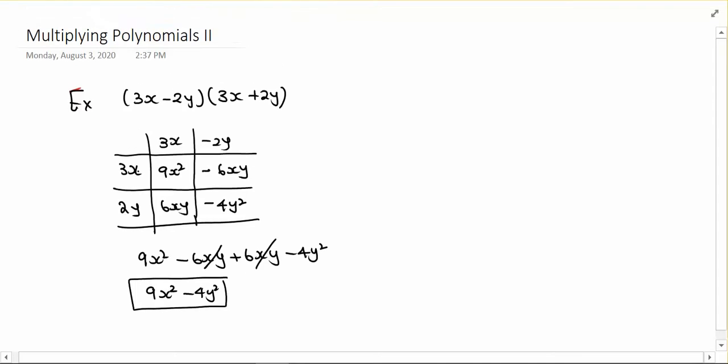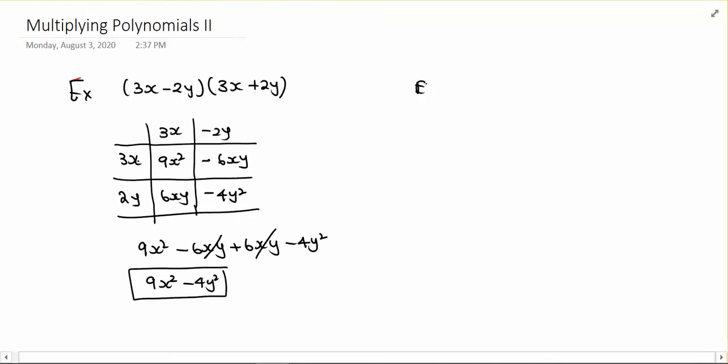Here's another example of this kind. Let's say you had x plus 5 squared. Well, that is nothing but x plus 5 times x plus 5. So when I'm doing these, I'll just do them in a different selection of terms. I did one box, so this one I won't use the box.